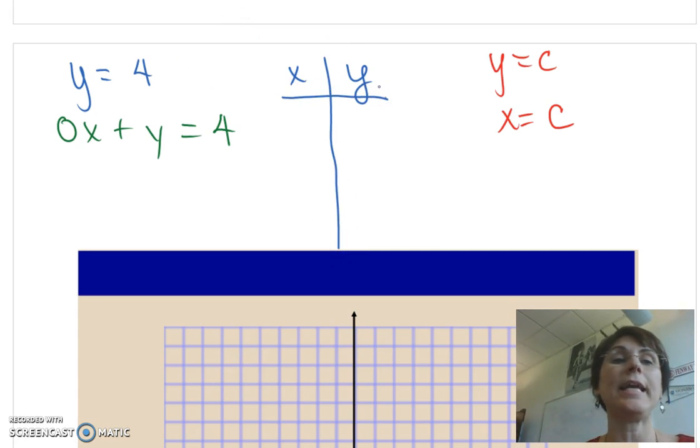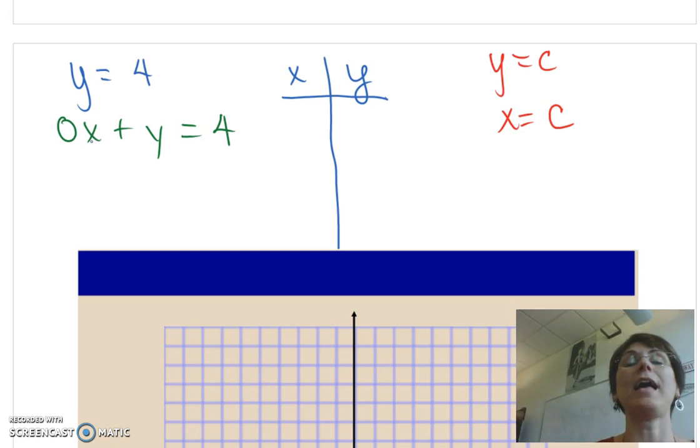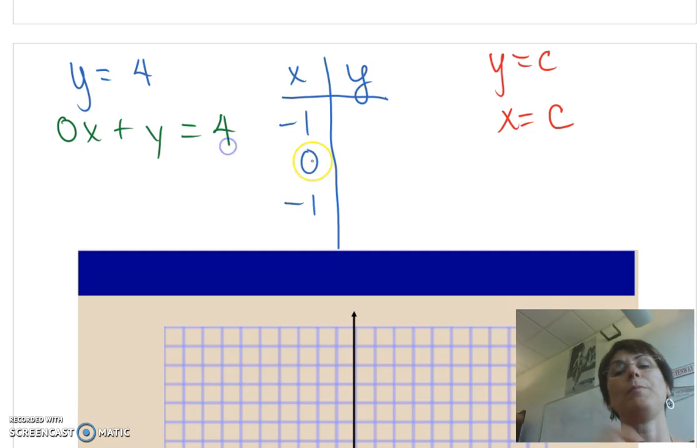Having the 0 in front of the x means that anything we put in the place of x is going to be multiplied by 0. So what happens whenever you multiply anything by 0? You get 0, right? So I can put anything in the place of x, and it's going to go away. It'll still be our x value, but when we substitute it, it's going to disappear.